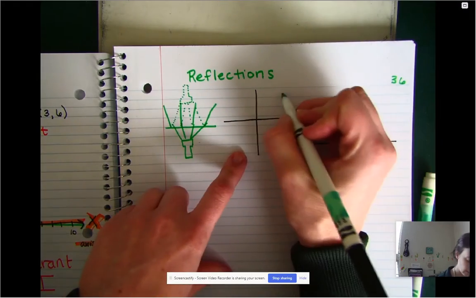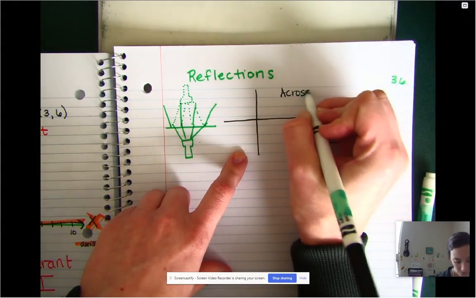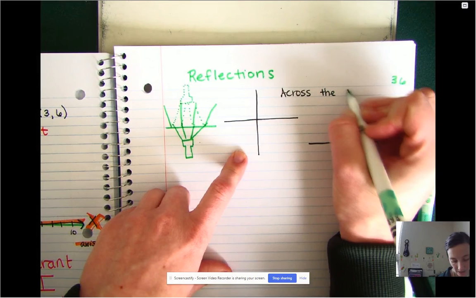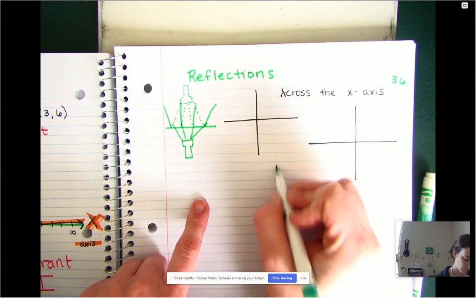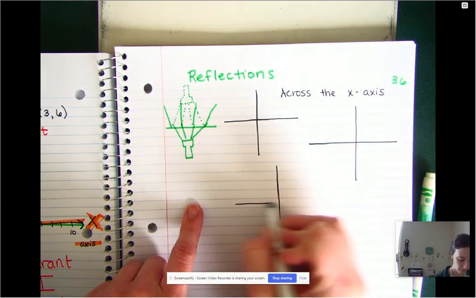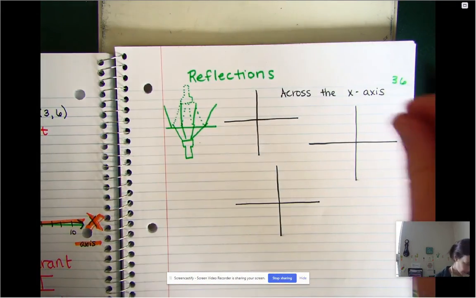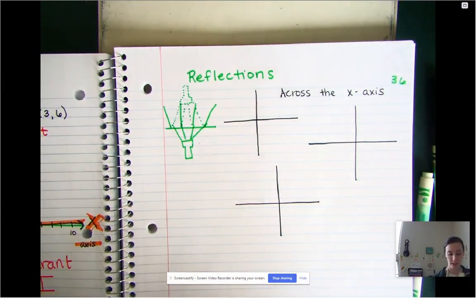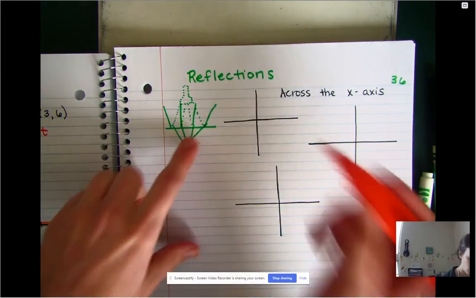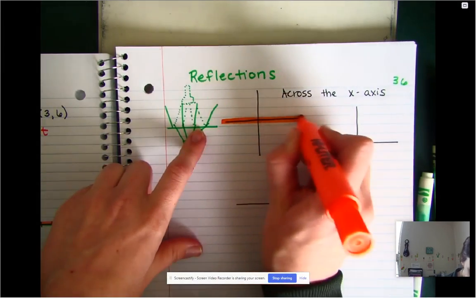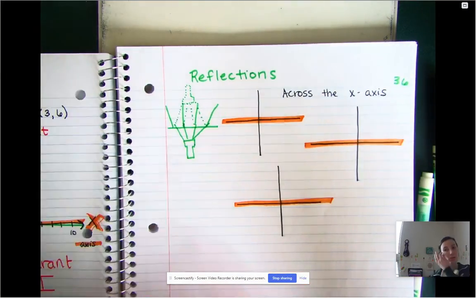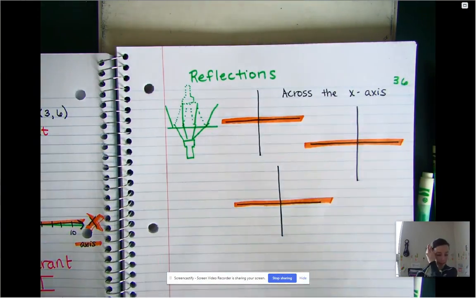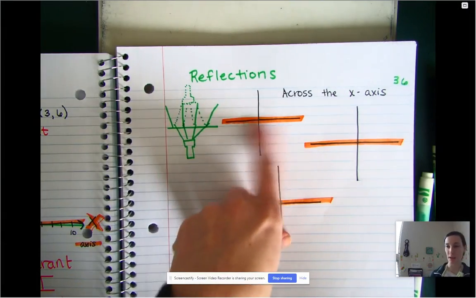So let's cross the x-axis, and we'll do about 3 there. And I want you to take a highlighter and highlight the x-axis, which is the one that's horizontal. Okay, so when I reflect across the x-axis, I'm imagining that this is my mirror.